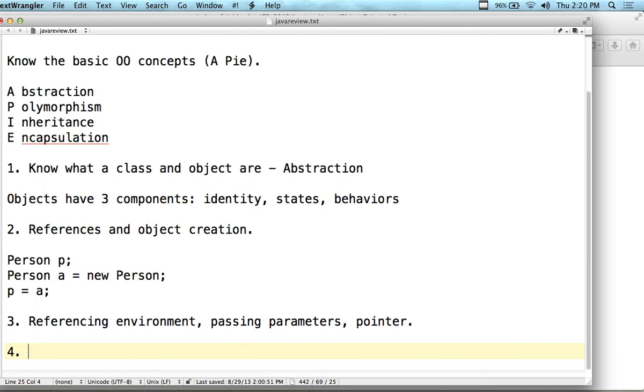We have multiple inheritance in C++. So if you're answering a question about multiple inheritance in Java, you know right there you're on the wrong track.